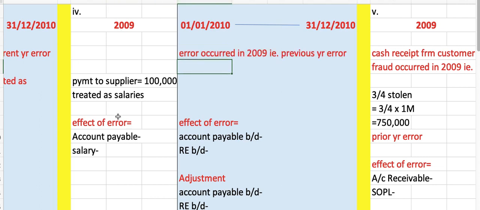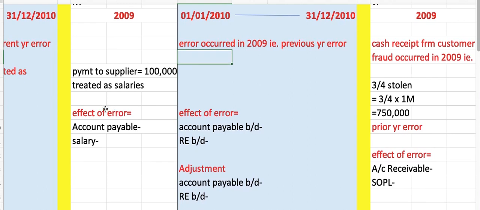So again, when payment to supplier of 100,000 is treated as salary, what happened in that previous year where the error occurred? Your account payable is overstated, and your salary is also overstated.